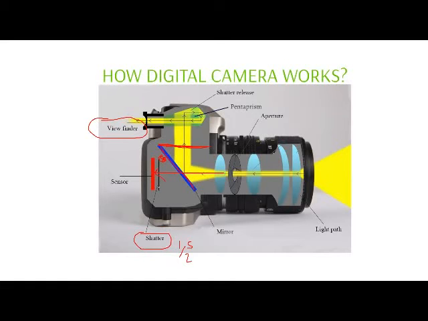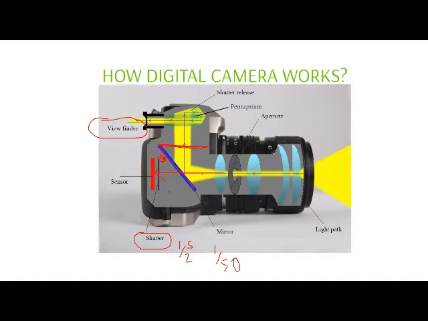It will be rolled up for that amount of time, 0.5 seconds. But if I set it to 1/50, the shutter speed is quite fast compared to 1/2. So this will go up, and as soon as this time is up, 1/50, the shutter goes down again.